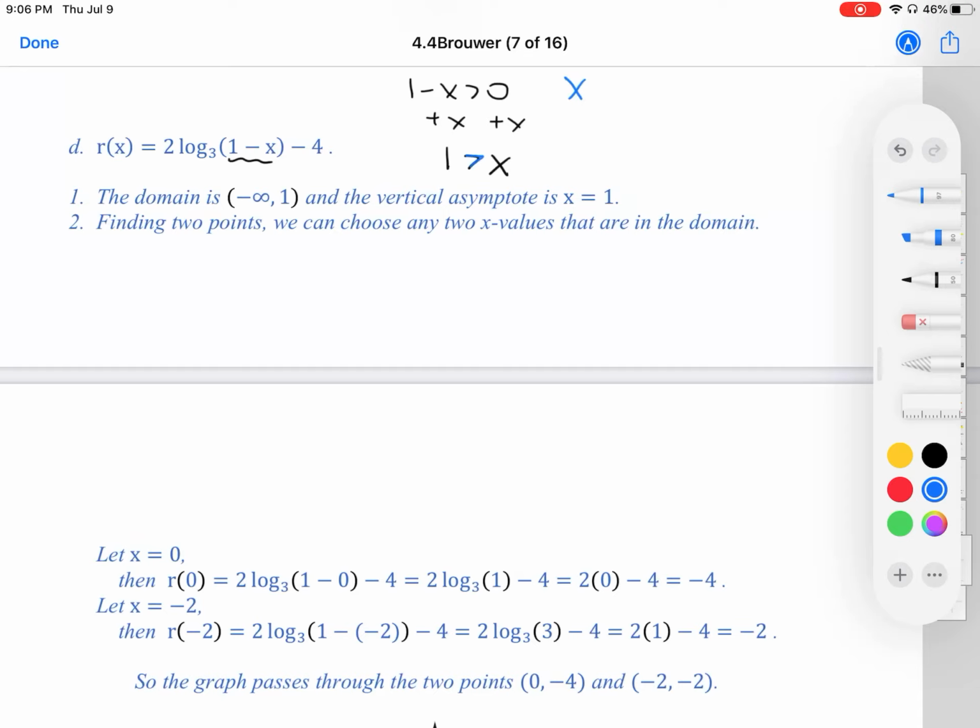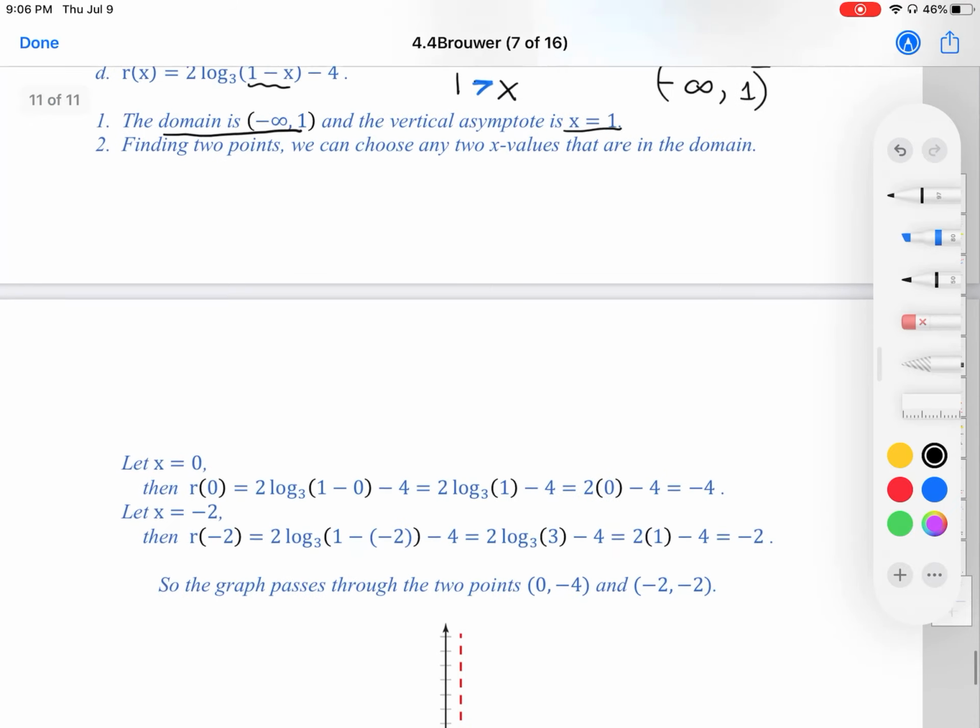X, and x has the point pointing towards it. X is less than 1. So if we graph it on a number line, x is less than, so it's shading towards the left. So our domain is negative infinity to 1, which we have here. All right, and our vertical asymptote is x equals 1.